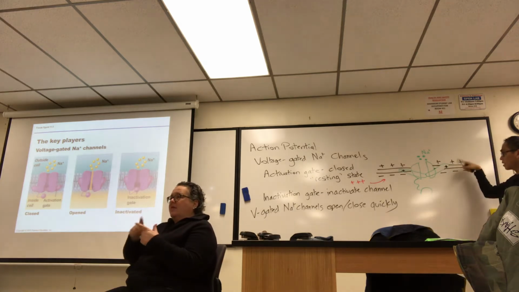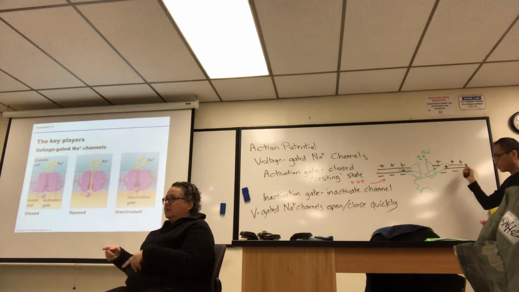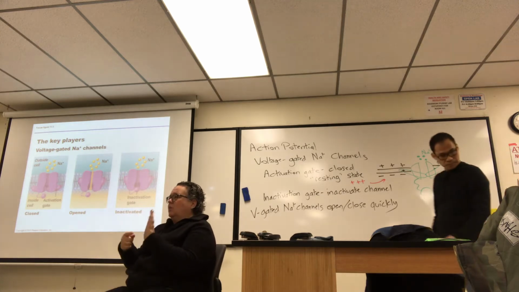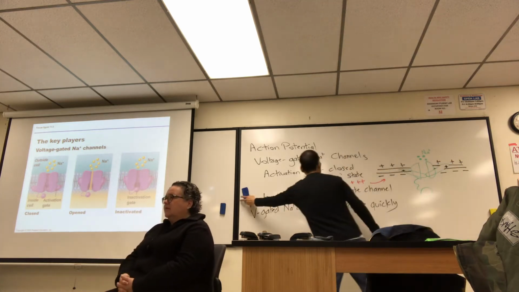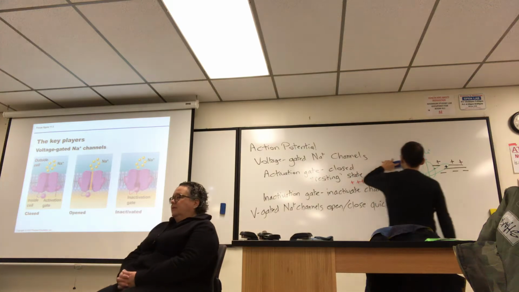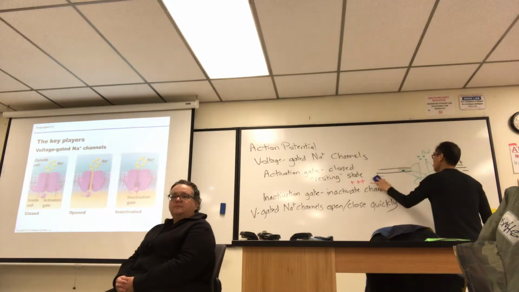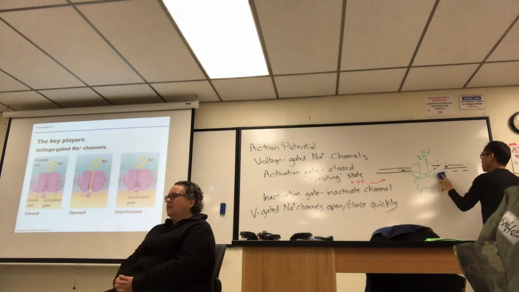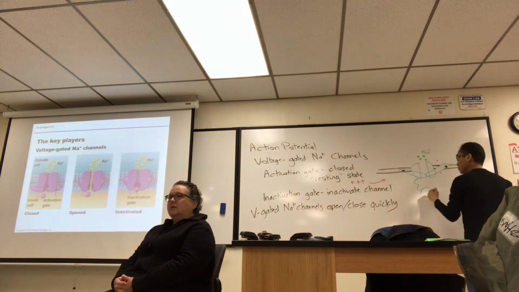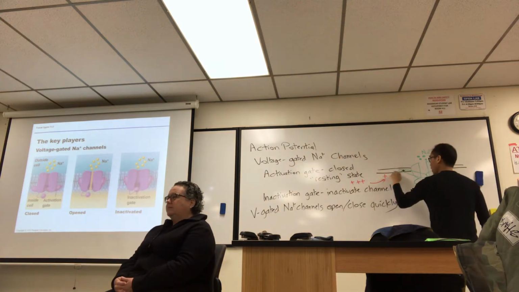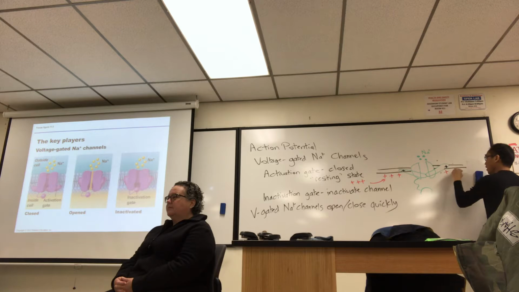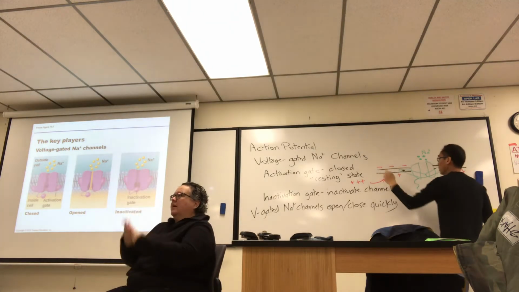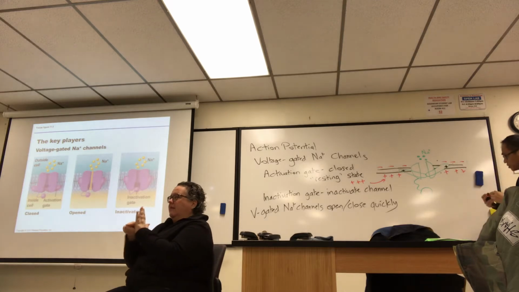Does the same thing on this side. This flips. So let me erase it and change it. This would be like that. This will be like that. And there'll be now negative here. So you've had a change in voltage.